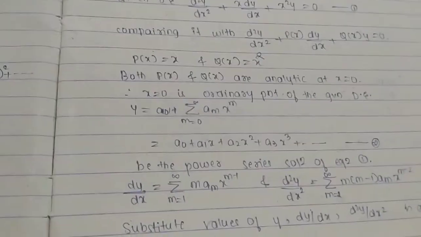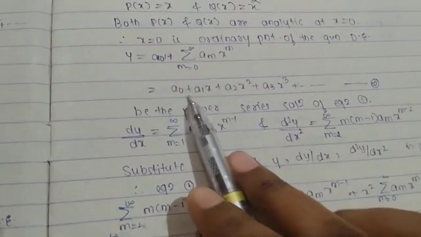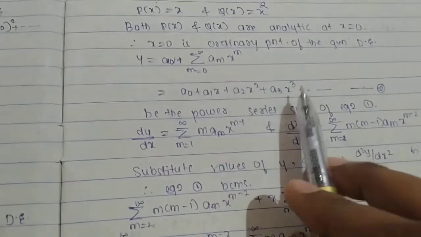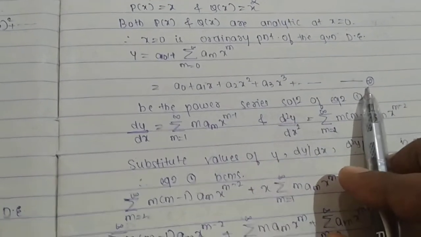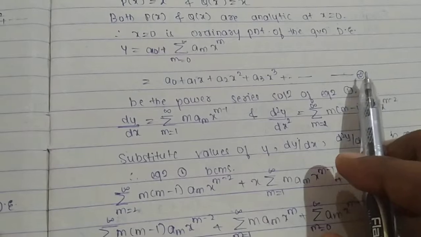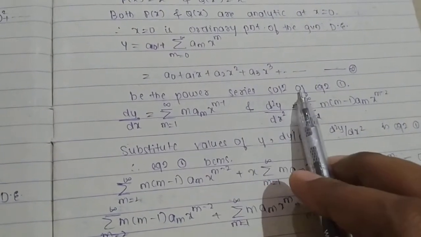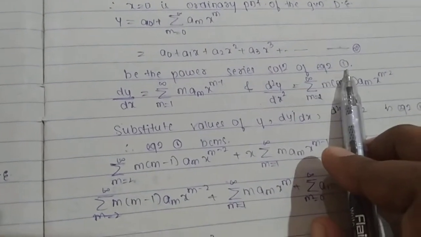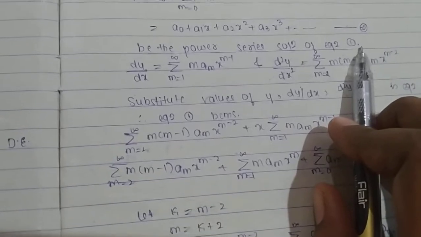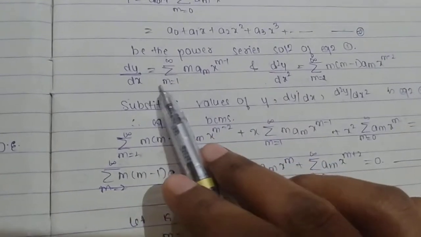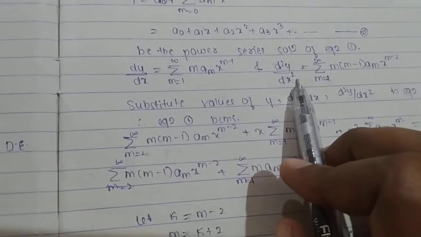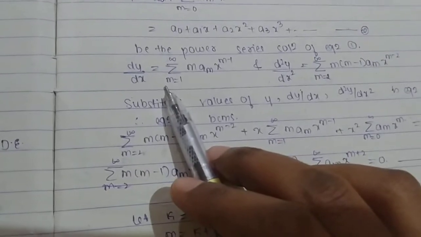So the solution will look like a_0 plus a_1 x plus a_2 x squared plus a_3 x cubed and so on. I will call it equation number 2, and this is my power series solution of equation number 1. Now we have to find dy/dx and d²y/dx², as we discussed in the working rule.